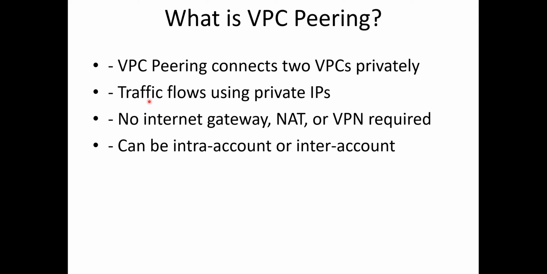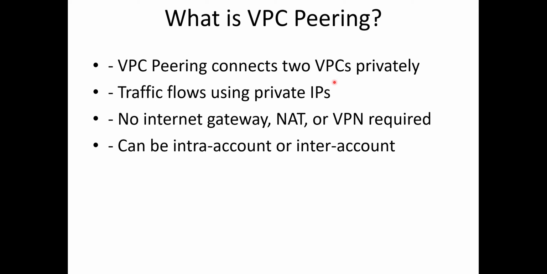You don't want to connect publicly via the internet, but you have some private computers that you want to share between your company and their company. Then you do VPC peering, connecting two VPCs privately, two companies ABC and XYZ.